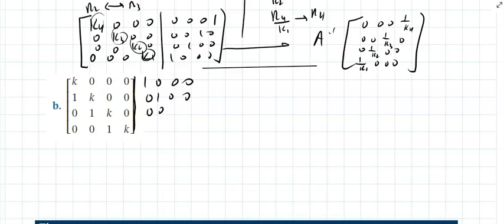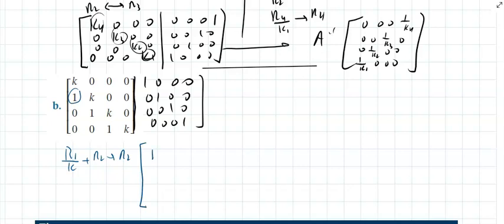So, if I want to make that a 0, I would take row 1, multiply or divide it by k, and add it to row 2, put the result in row 2. That's my first step. 1, k, 0, 0, 0, 1, 0, 0, 0.